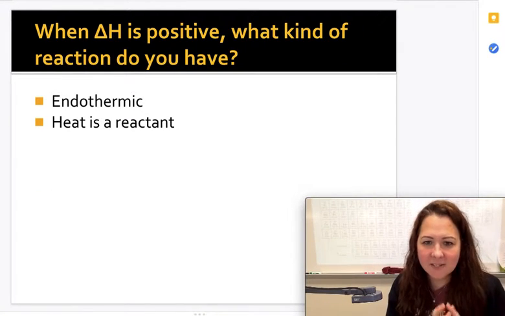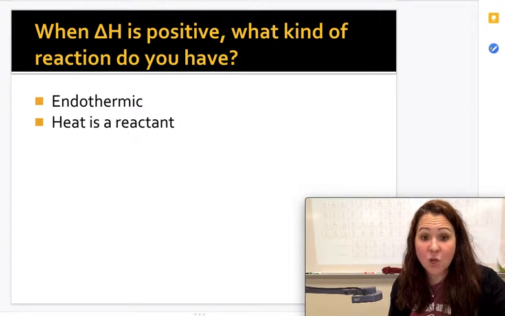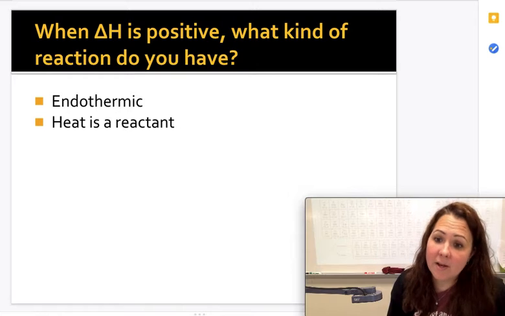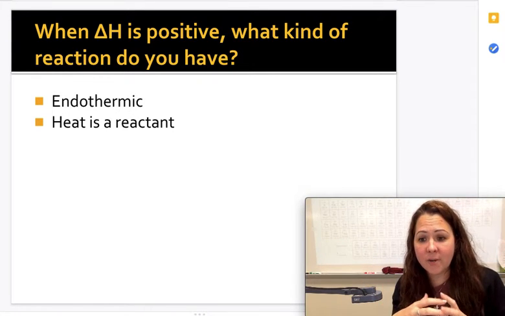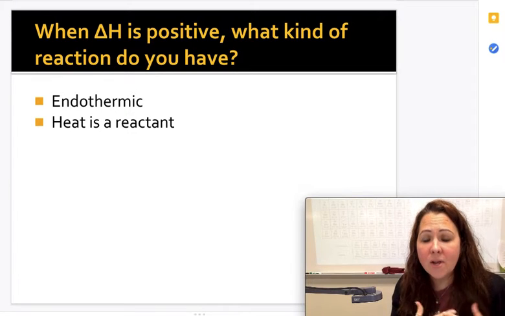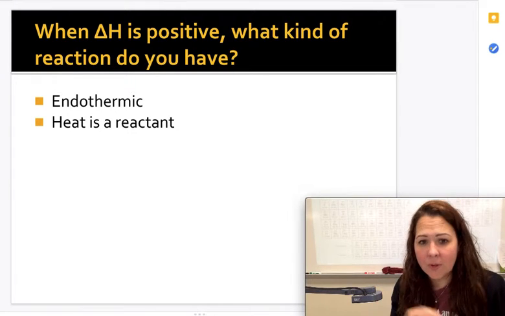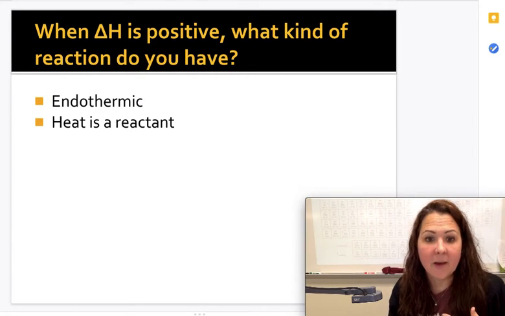So when you have delta H being positive, that means that you have your endothermic reactions. So you are absorbing heat. The heat is entering into the system. So when your value for delta H, or Q, is positive, that means that you have an endothermic reaction happening, or an endothermic change happening for that matter.